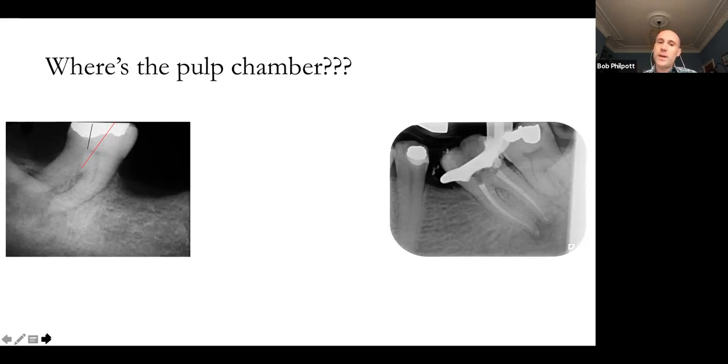The measurement of teeth is something I have moved slightly away from. I do sometimes measure the distance from the coronal reference point down to the furcation area, which is the red line on the image, not necessarily the dark line, which is the reference point to the roof of the pulp chamber.